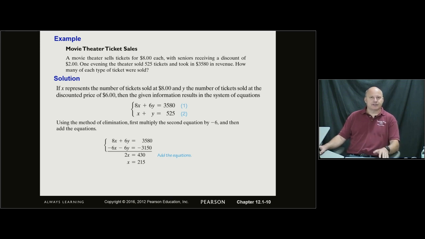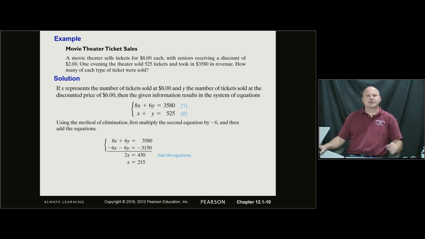And then you add those equations up. You'll get 8x and a negative 6x is 2x. And if you add 3,580 to negative 3,150, you get 430. 2x equals 430.